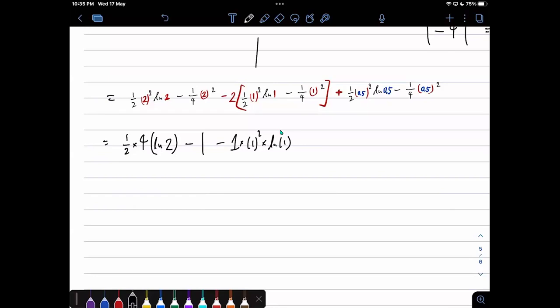What's ln 1 again? Look at the ln x graph. When x equals 1, it is 0. So that means this guy here is actually 0. This whole thing is -0. -1/4 times 1 square. I made a mistake. What's the mistake?